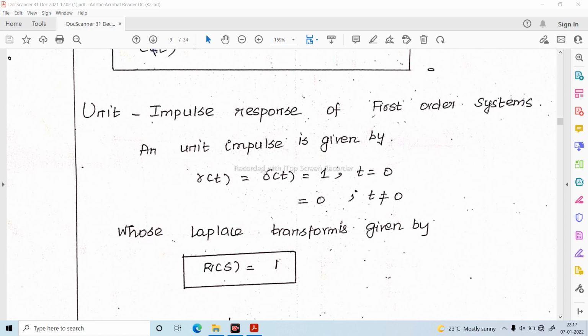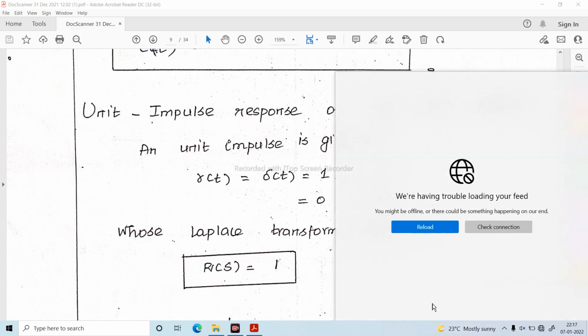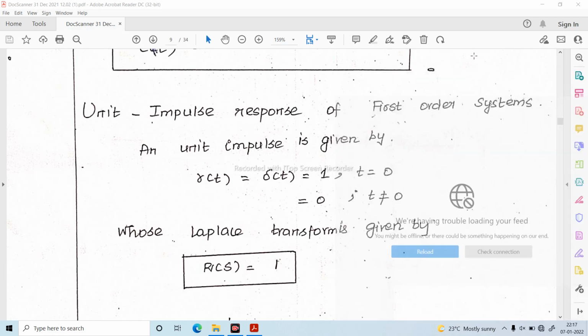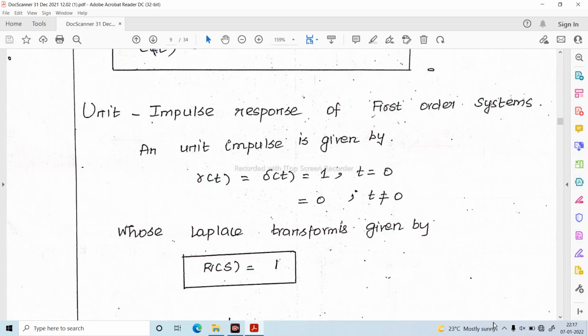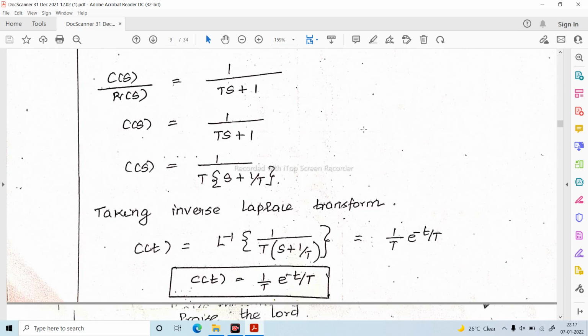So the Laplace transform of this delta of t, R of s, equals 1. Now I am going to write the transfer function C of s by R of s is 1 by Ts plus 1. C of s is equal to 1 by Ts plus 1 because R of s is equal to 1.